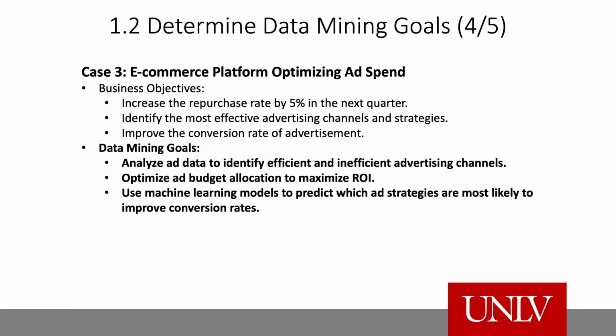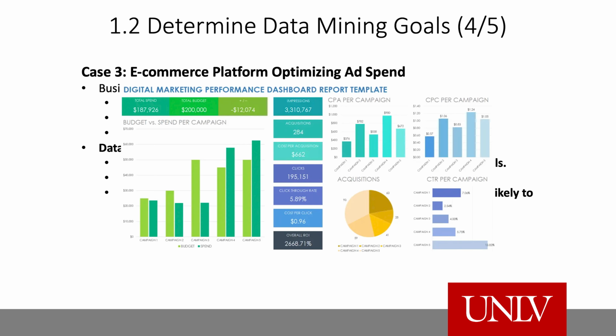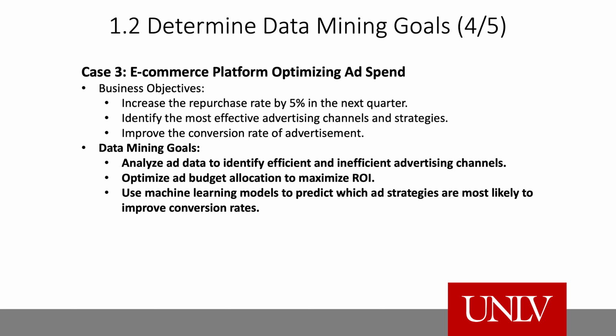And now we can look at an e-commerce platform that wants better results from their advertisements. Their business goal is to increase the advertisement conversion rate by 15%, right? To reach this target, they can analyze past campaign data. They can also see which advertisement channels, audiences, and creatives deliver the best results, and which don't.